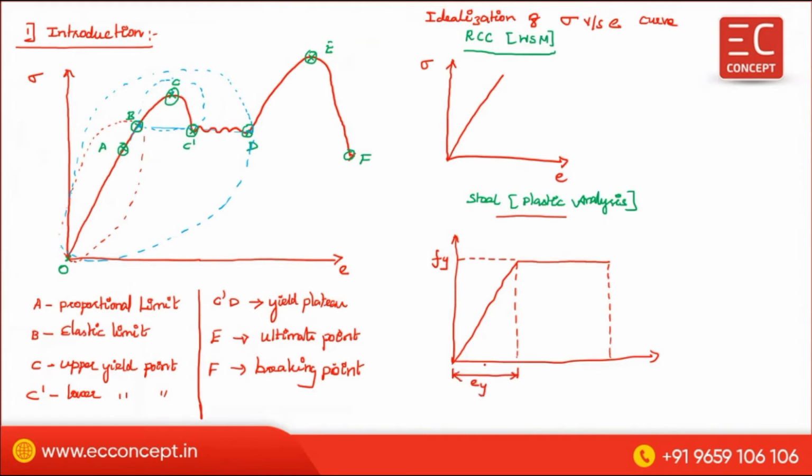Now the remaining strain, the plastic strain, should not be less than 6 times ey. First, the actual stress strain curve is something like that, but for our analysis we are considering up to the yield plateau, and we have taken that point equal to 6 times ey, where ey means the elastic strain.